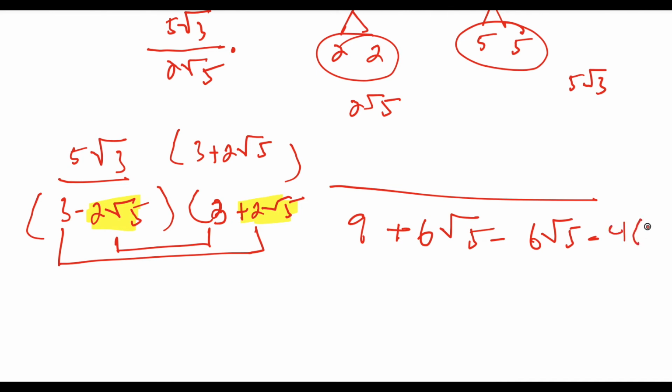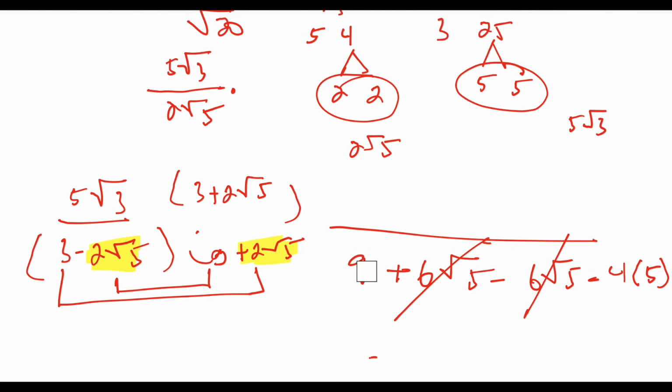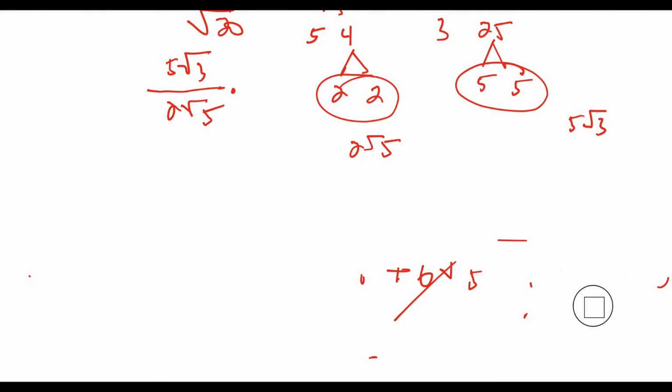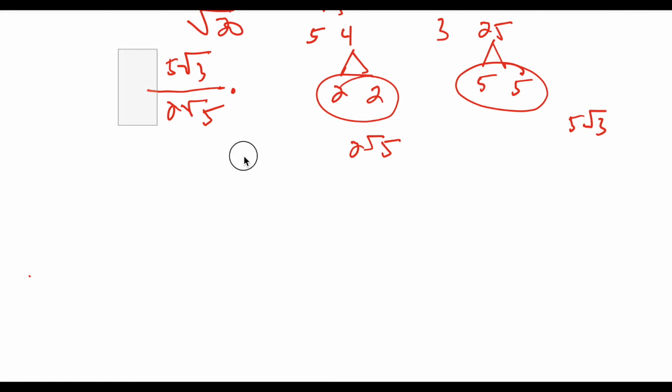So you end up with these guys wiping out, right? Then you get 9 minus 20, which is negative 11. All right, so that's the worst case scenario, if you end up with something plus something with a root down below. All right, so these guys are easier.